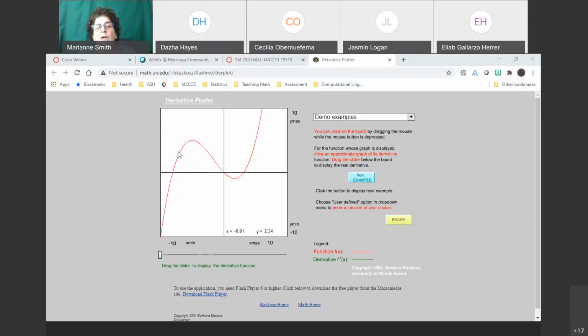Okay, and then what happens as it gets up here near the mountaintop? What about right at the mountaintop? What's the tangent line look like at the mountaintop? Okay, so I'm asking you slope.